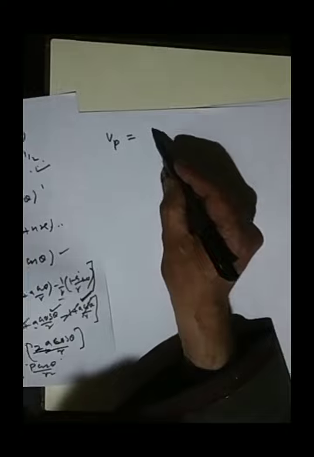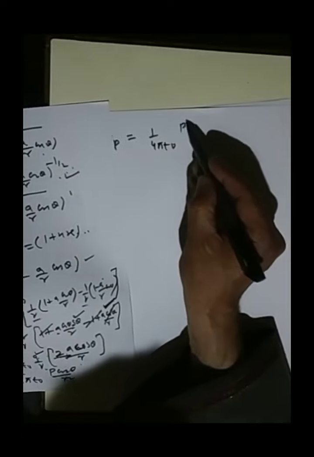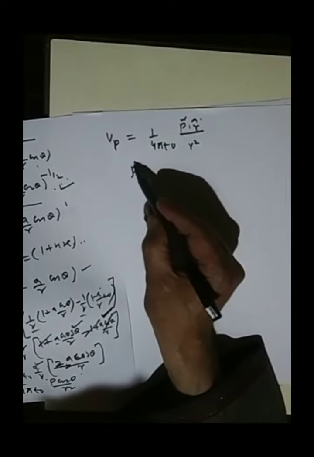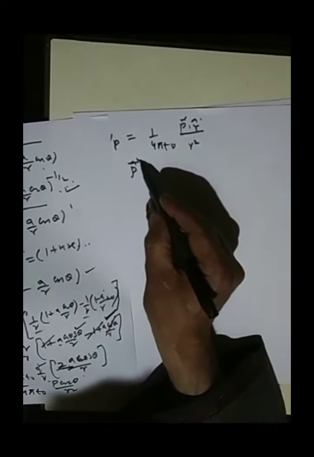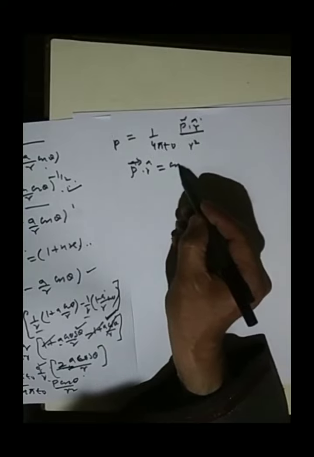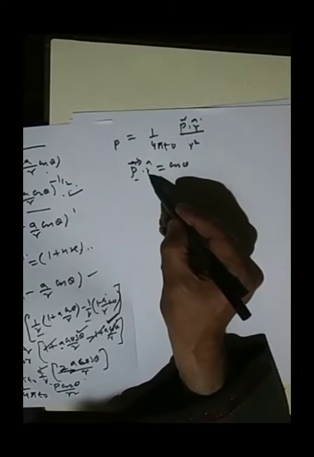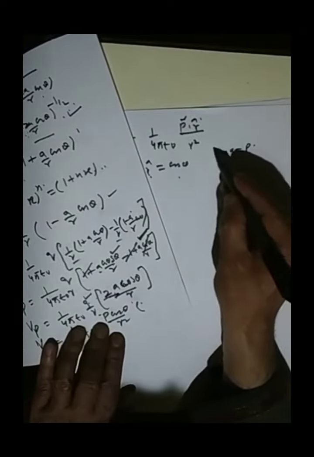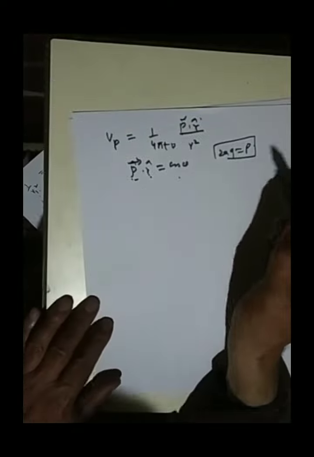to Vp equal to 1 by 4 pi epsilon 0 P dot R cap by R square, where P cap dot R cap will be equal to cos theta, since A dot B is equal to AB cos theta and the magnitude of the unit vector is 1. Here we have substituted 2A Q equal to P, the dipole moment of this dipole.